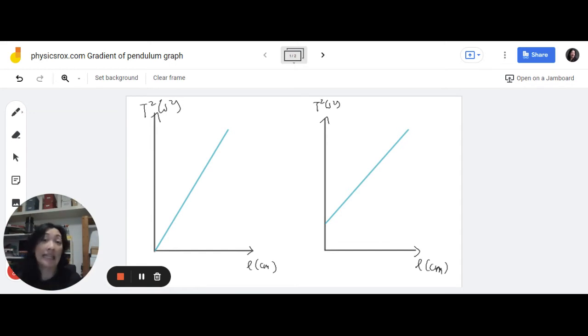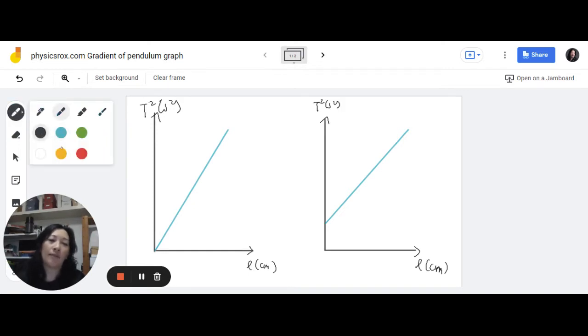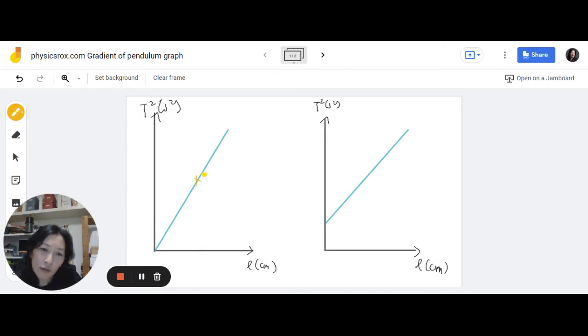So the gradient triangle should also be as big as possible. So don't do this, where you're like, okay, I know like in maths, for a linear graph, any 2 points you take, the gradient is the same. So never mind, teacher, I take these 2 points, ta-da, can already.